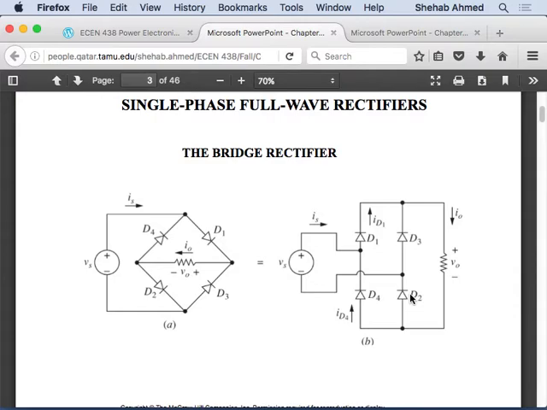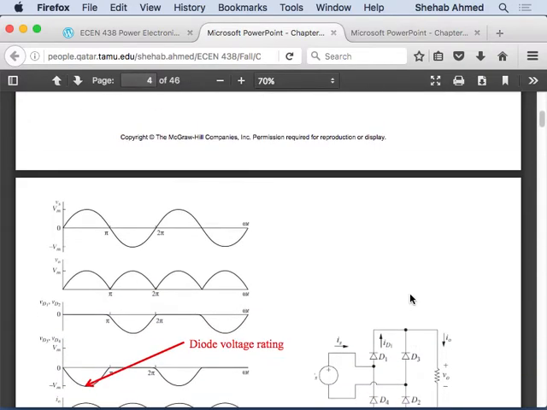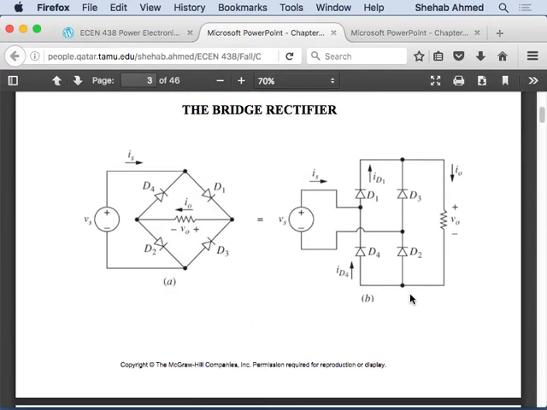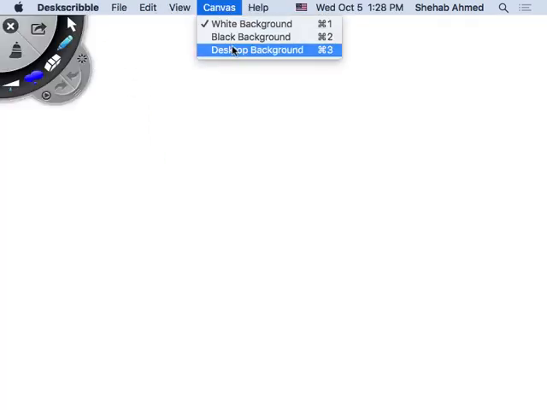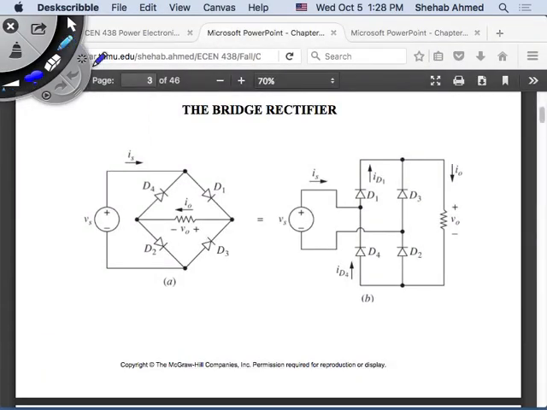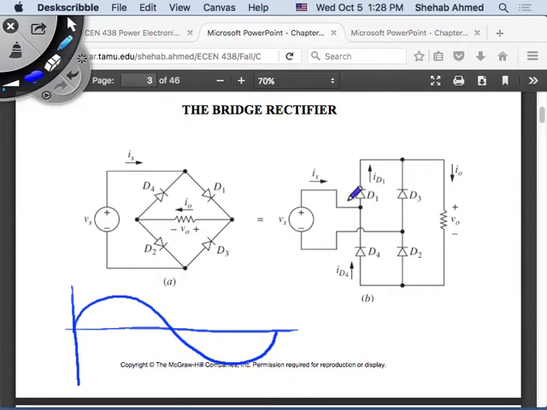So, what's happening here? Again, positive half cycle. This is the most positive terminal in your circuit, and this is the most negative terminal in your circuit. Correct? So if this is the most positive terminal, then this is definitely less positive.